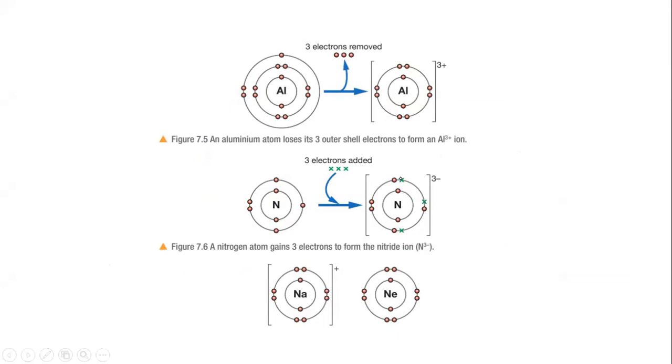So it's going to end up gaining 3 electrons. So that is how you're going to figure it out. You need a total of 8. If they're in group 1, 2, or 3, they lose electrons. If they are in group 5, 6, 7, they normally gain electrons. And an ionic bond is between a metal and a non-metal, always.